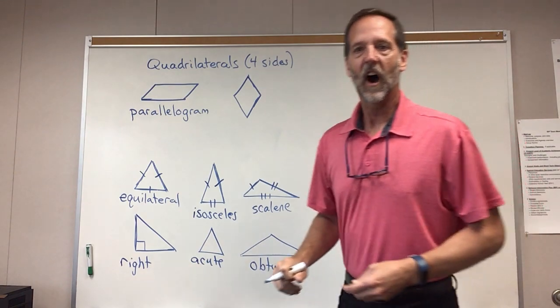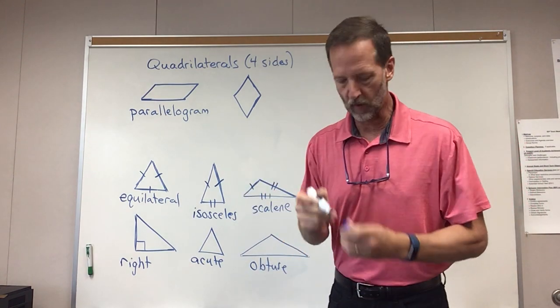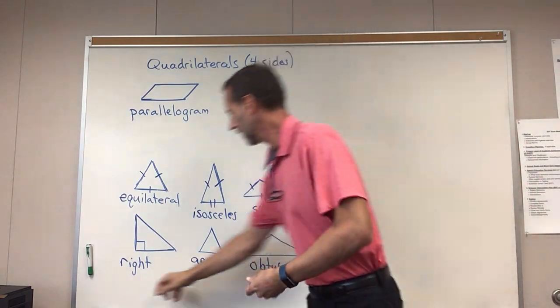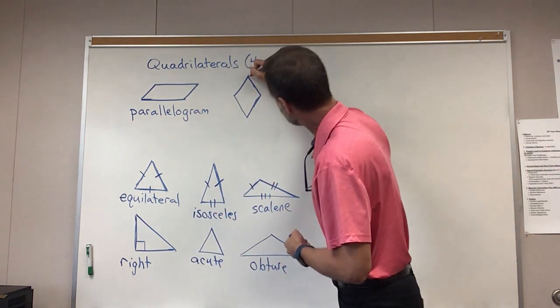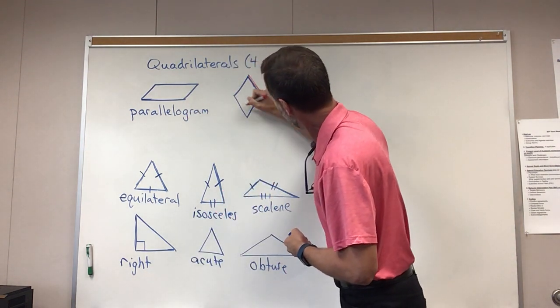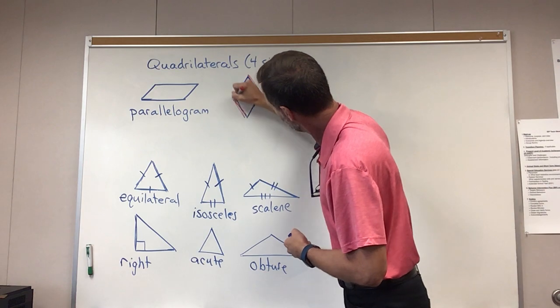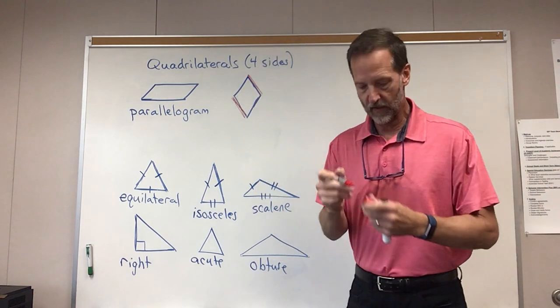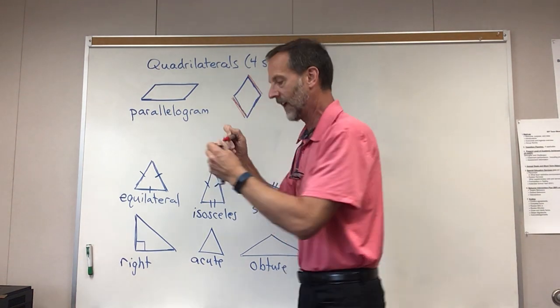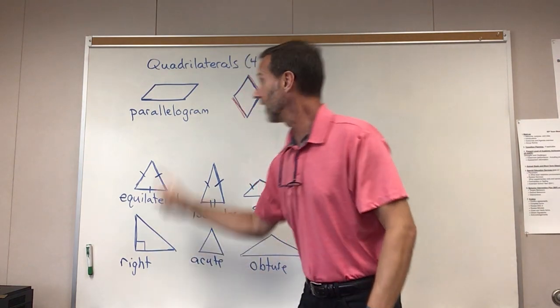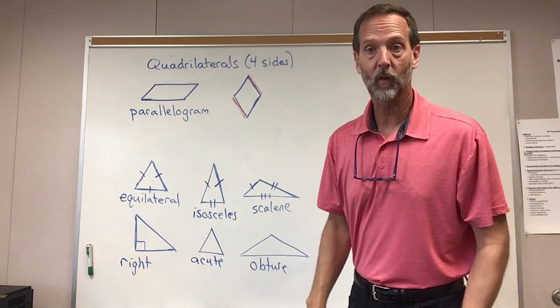Are the opposite sides parallel with each other? Well, let's take a look. Is this side parallel to this side? Yeah, they are. Is this side parallel to that side? Yes. So it's a parallelogram, okay?